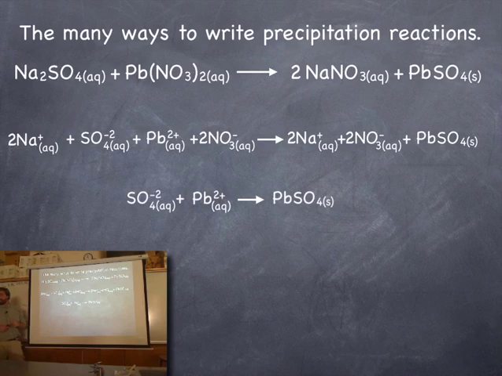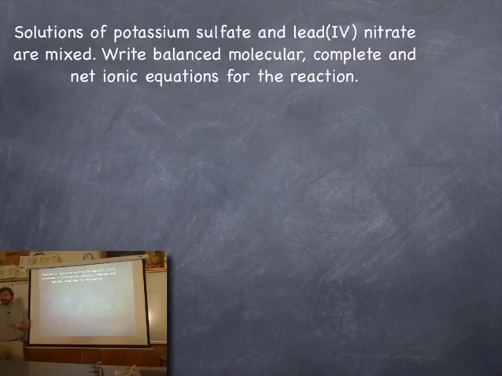Okay? All right, give this a shot. Your turn. Solutions of potassium sulfate and lead-4 nitrate are mixed. Write balanced molecular, complete, and net ionic equations for the reaction.